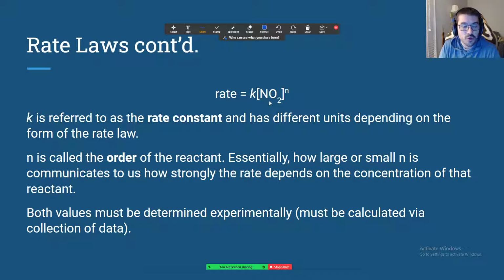The degree to which the concentration of the reactant matters is called the order. So that's this exponent here, this value of n. Essentially, how large or small n is communicates to us how strongly the rate depends on the concentration of that reactant.